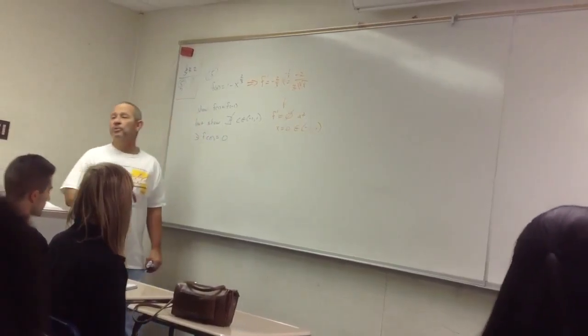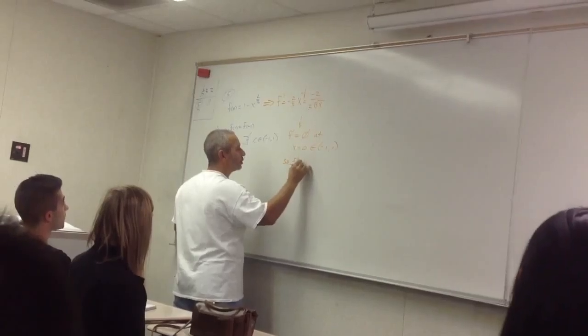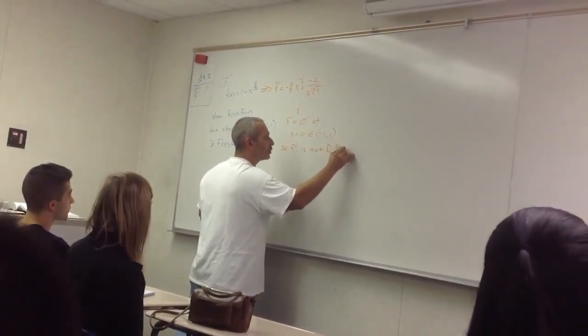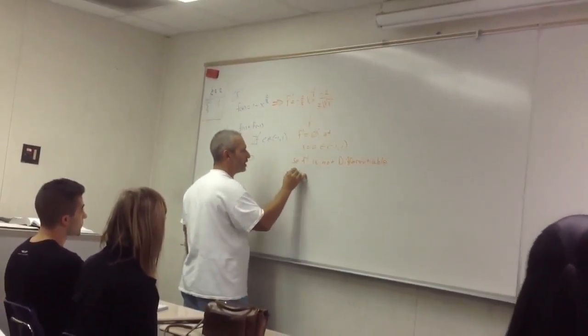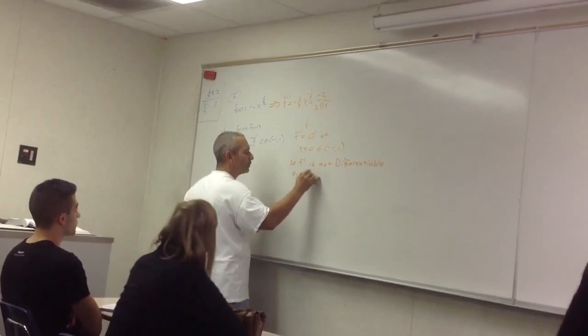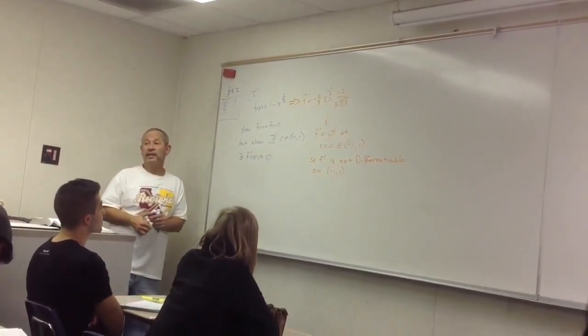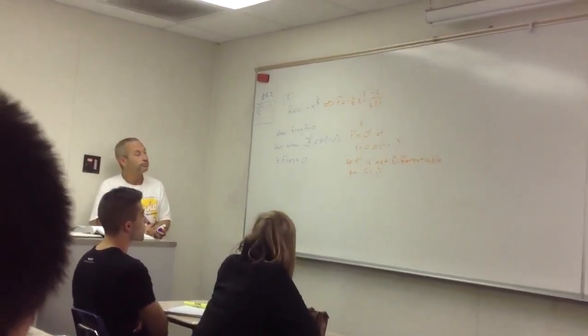So in other words, f is not differentiable, there's a big word, differentiable, not differentiable on the interval -1 to 1. Therefore, the conditions of Rolle's theorem are violated and nobody expects its conclusions to be true.